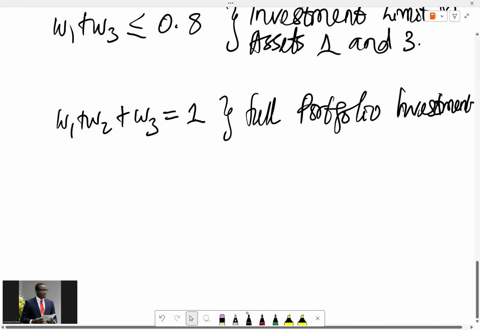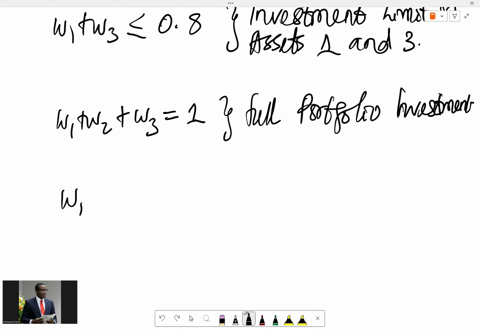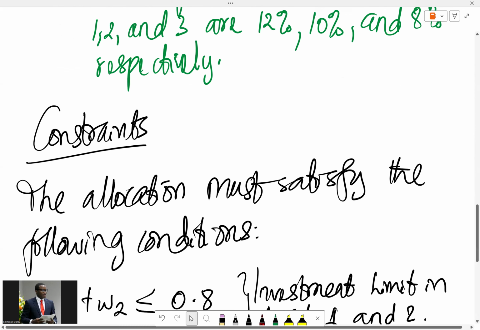That's 100%. Then lastly, we have the non-negativity constraints: W1, W2, W3 greater than or equal to 0. So that's what we have.